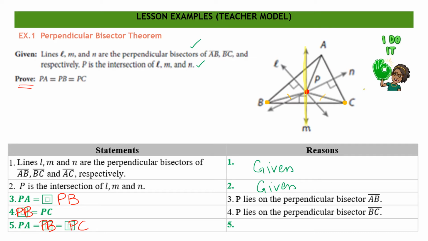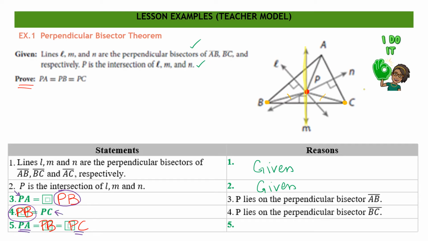Well, statement number 3 has PB in it, and statement number 4 has PB in it, which means these two statements share PB. If two statements share the same part, then the outside parts also have to be equal.